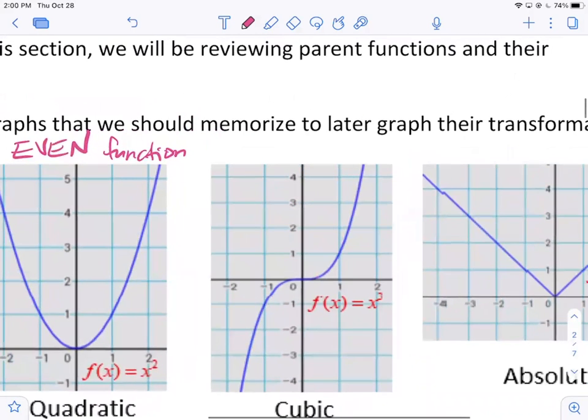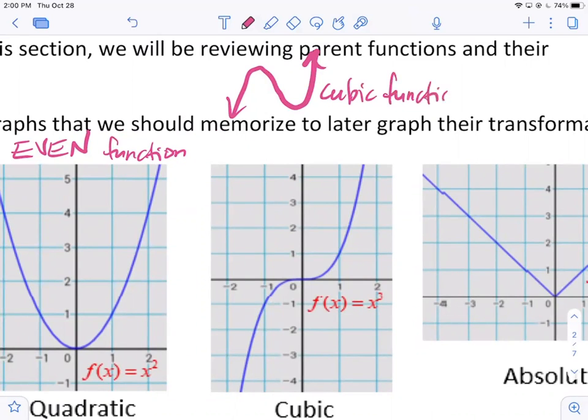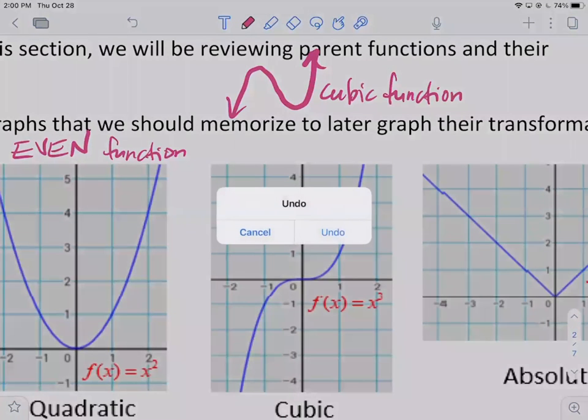Now, cubic functions can actually take on quite a different look than just this right here. They can actually do this. This would also be a cubic function. Why do we call it a cubic function? Because it's x to the third. And we all know that cubes have 3 sides, right?